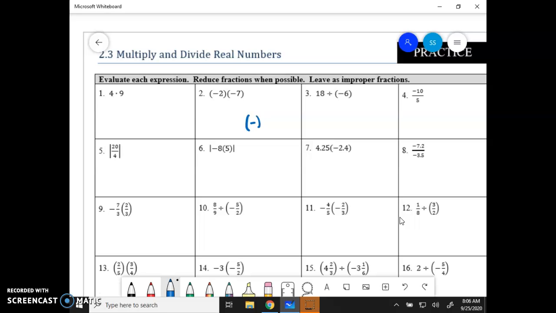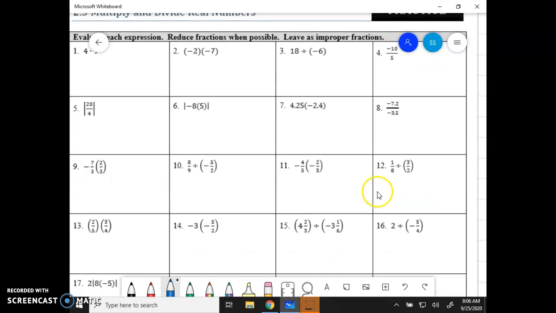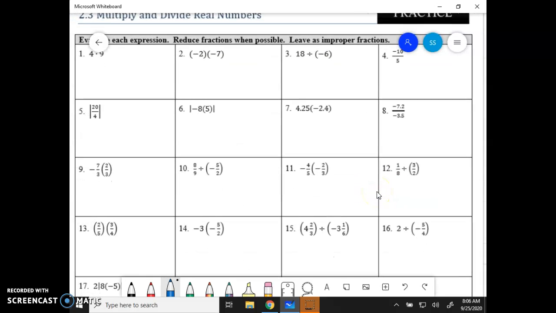That means it's going to be attached to that number. So you need to use that key and not the subtraction key that's with the other functions on the right-hand side. If you ever get syntax error as an answer on your calculator, that means you're using the wrong key there.